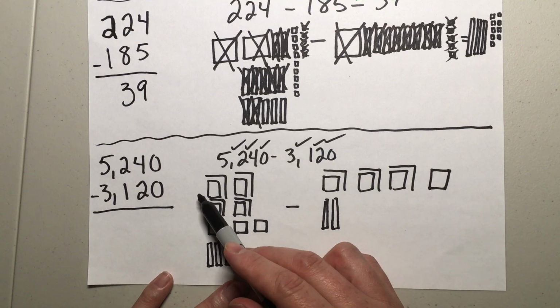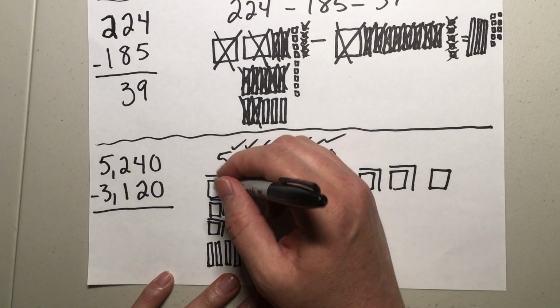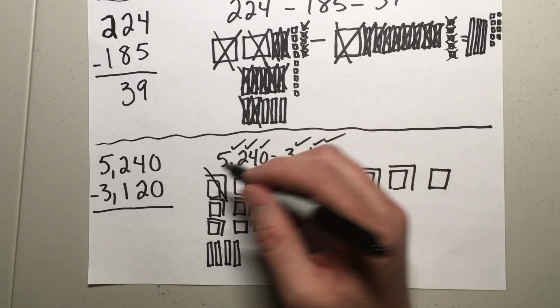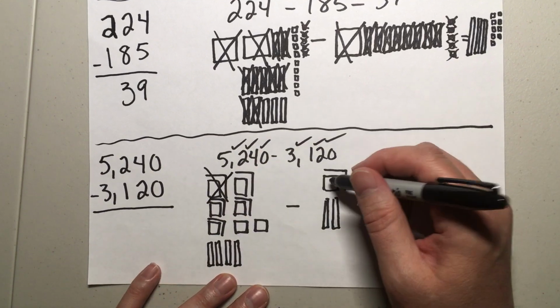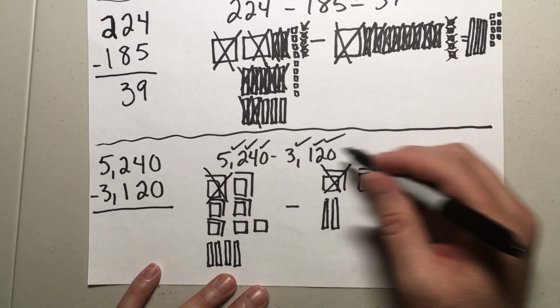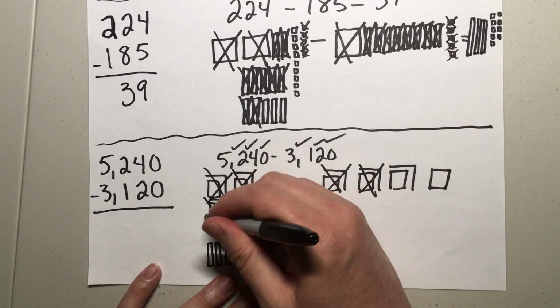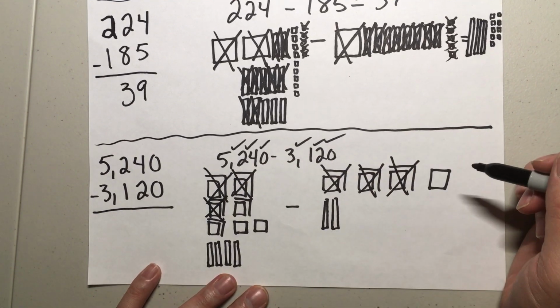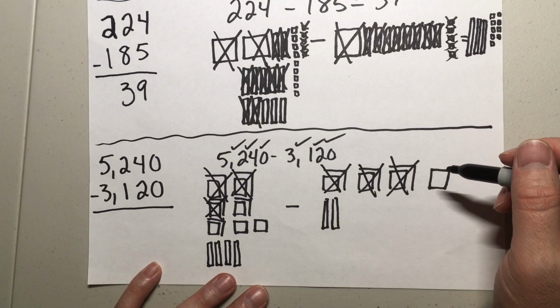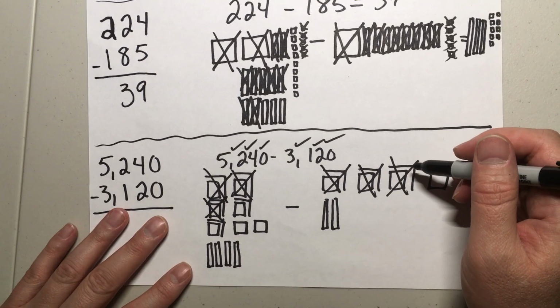Okay, remember these are the big cubes here, which equal 1,000. Take one from each side. 1,000 from each side.